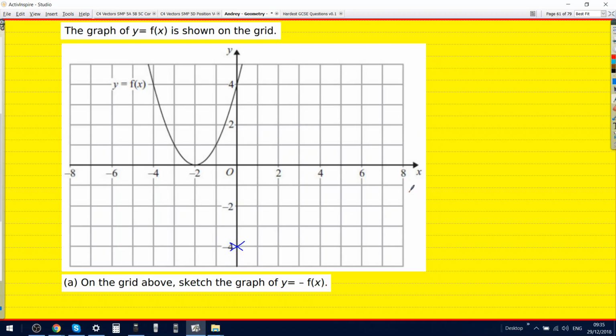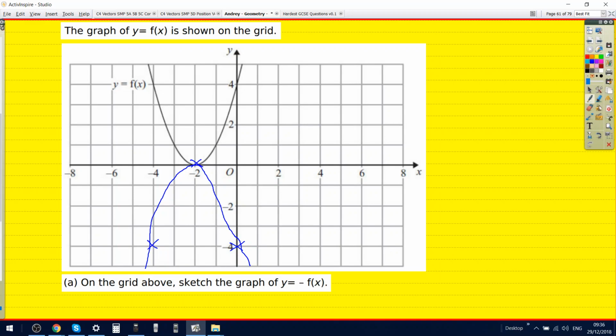So -2, 0 would be -2, 0. Yep. And -4, 4 would be -4, -4. Yeah. And then that's enough there.